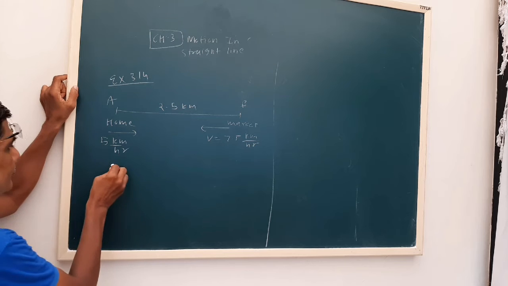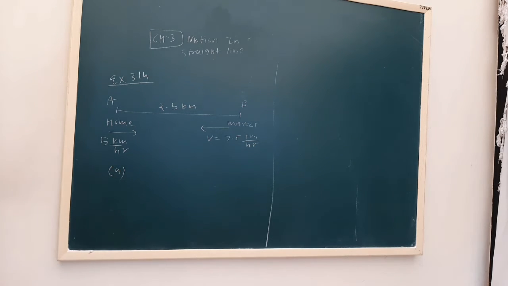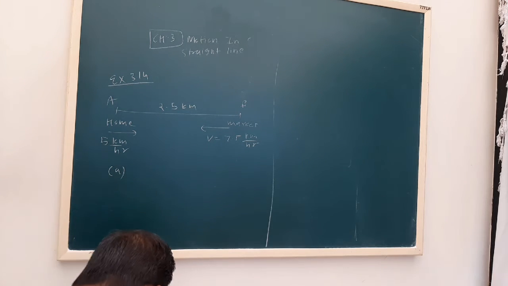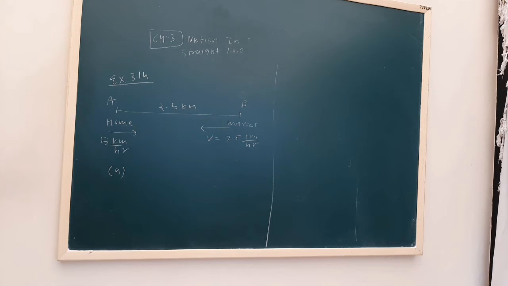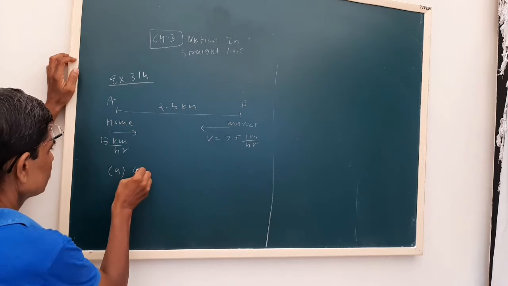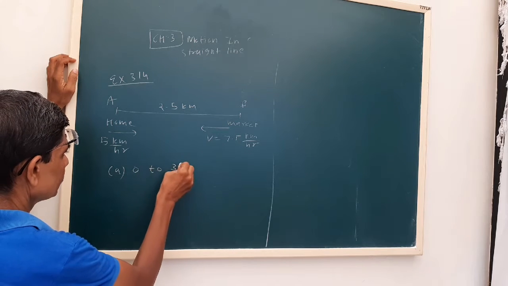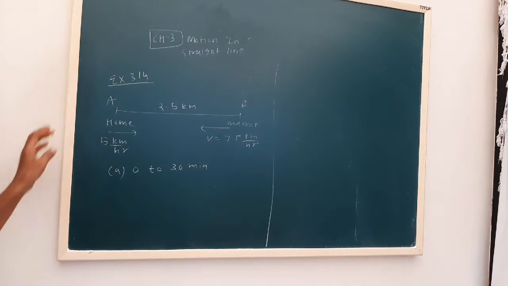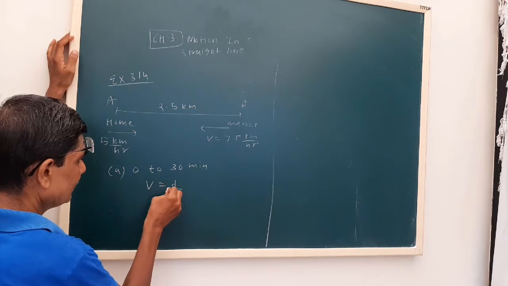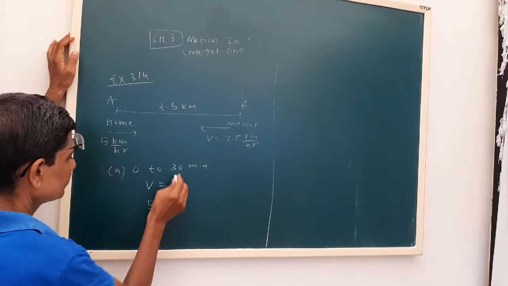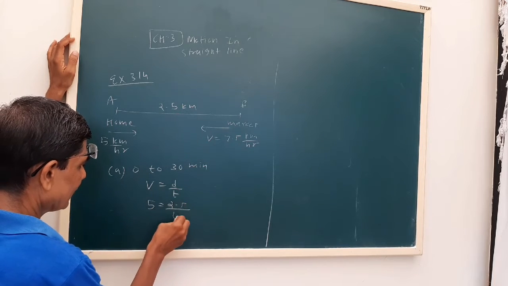First, there are 3 or 4 time intervals we have to calculate. The first one is 0 to 30 minutes. Now v is equal to d by t. v is 5, distance is 2.5 and time t.